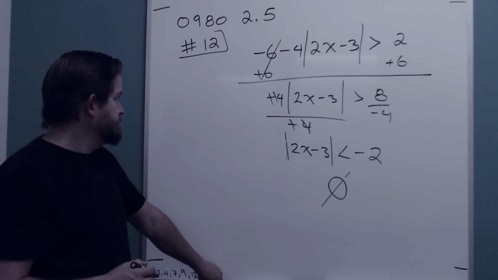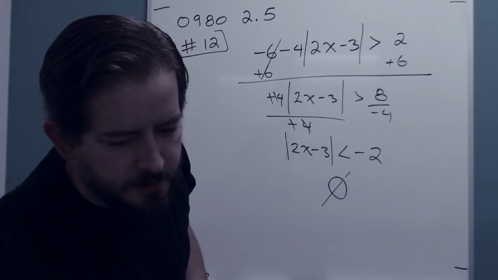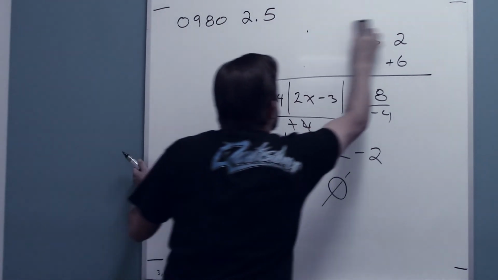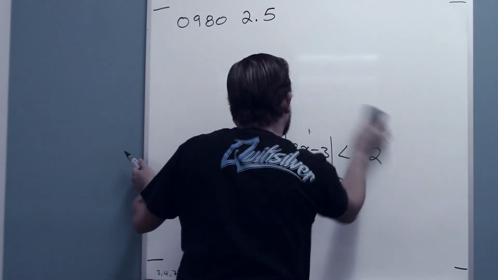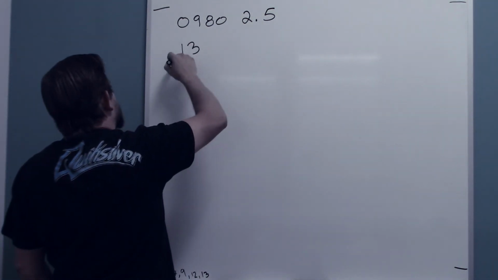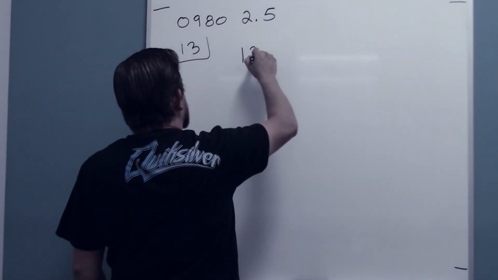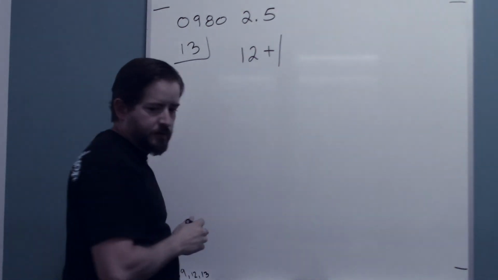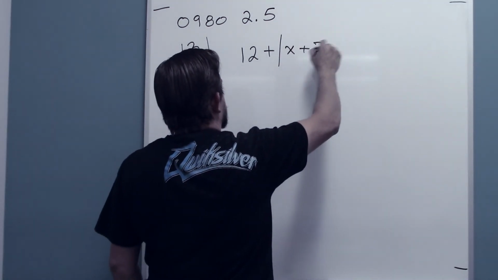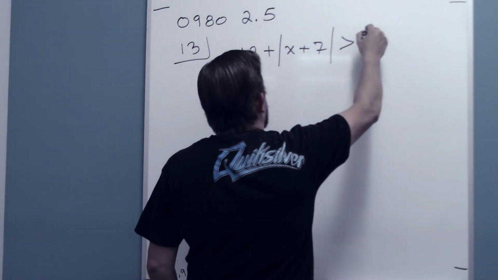Okay, let's look at 13, which I feel is probably going to be similar, but the opposite case. Thirteen says 12 plus the absolute value of x plus 7 is greater than 5.